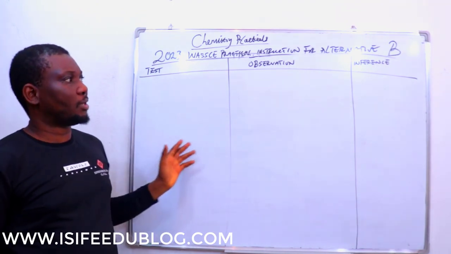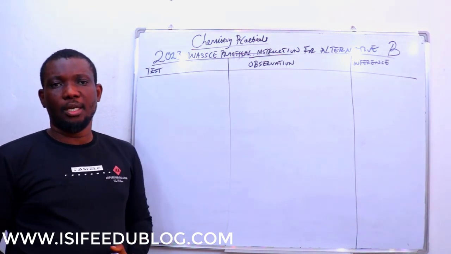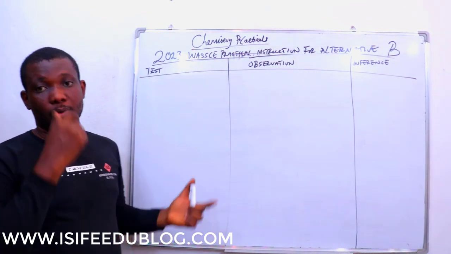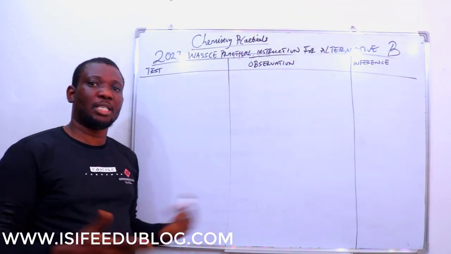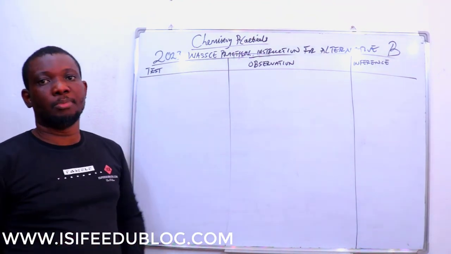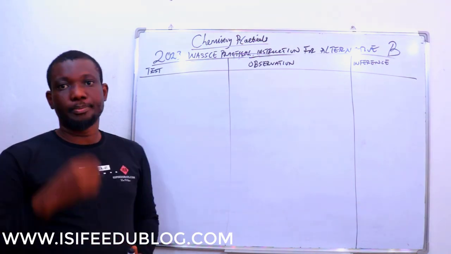This part of chemistry is very technical. Its technicality is why most students fail this part. It can be as simple as possible, but you tend to lose marks that ought not to be lost.